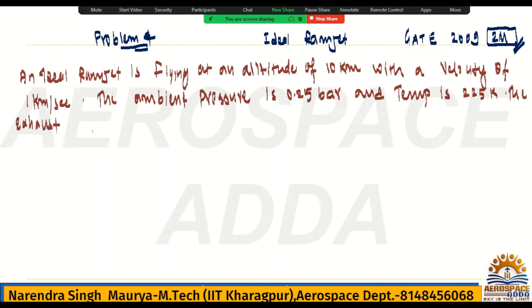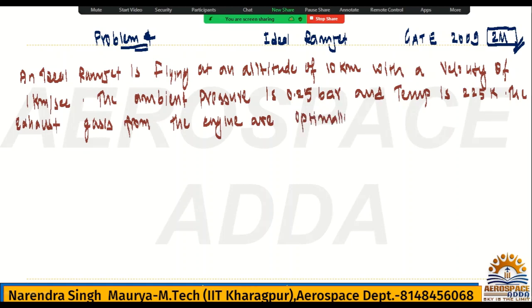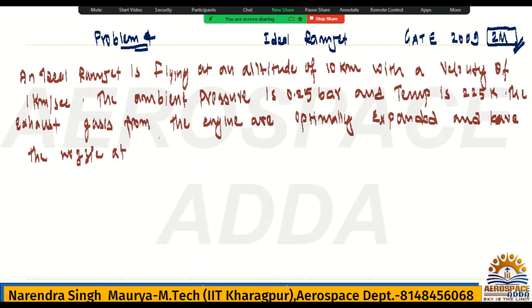The exhaust gases from the engine are optimally expanded and leave the nozzle at 900 Kelvin.